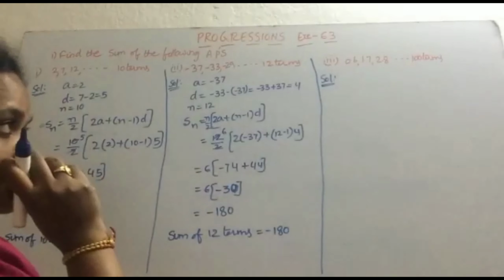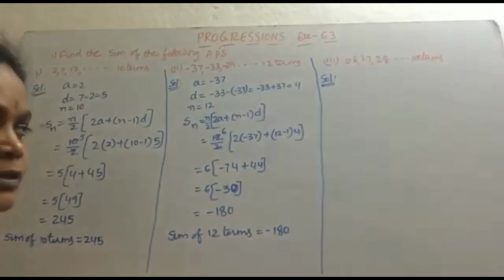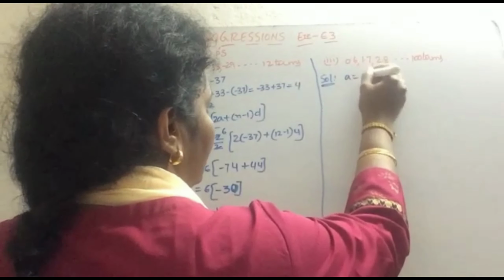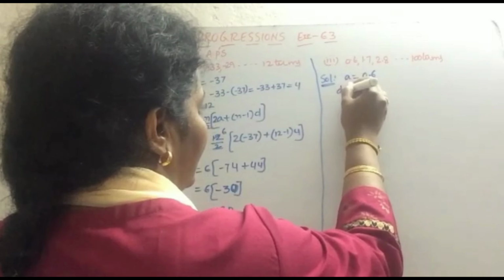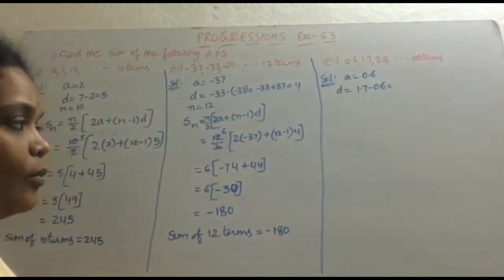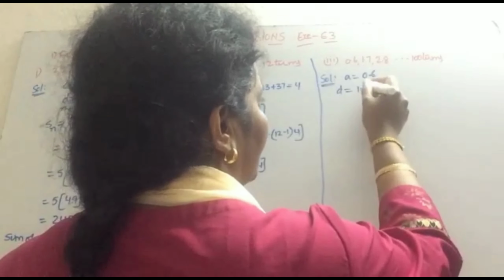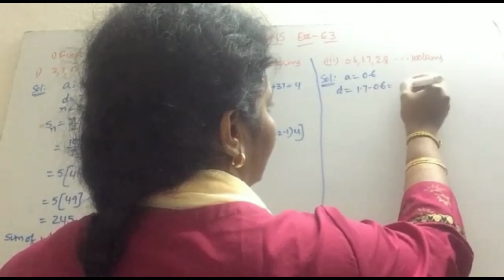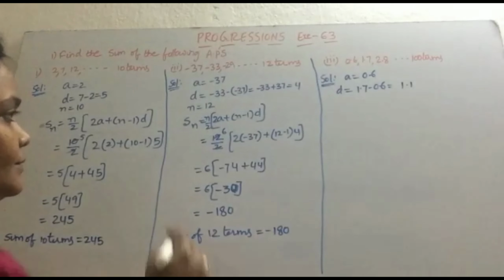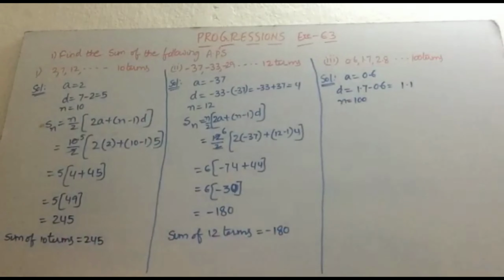Here they gave the decimals 0.6, 1.7, 2.8 up to 100 terms. So here a equal to 0.6, d equal to 1.7 minus 0.6, that is 1.1. And next n equal to 100. Now we will substitute the values.